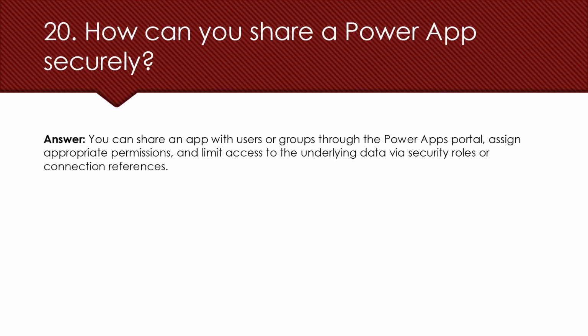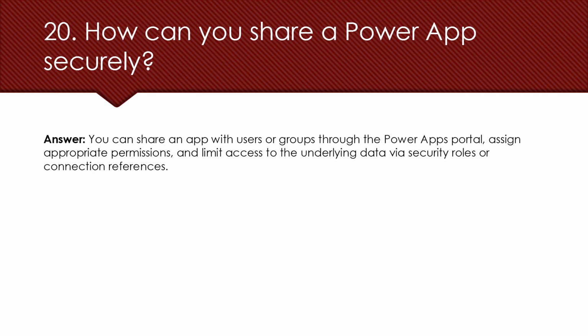Question number 20. How can you share a Power App securely? To share a Power App with any of the users, we can do that using the Power Apps portal. Go and assign them appropriate permissions, like owner, co-author, or system customizer roles, or different types of roles, or we can limit the access of the user.